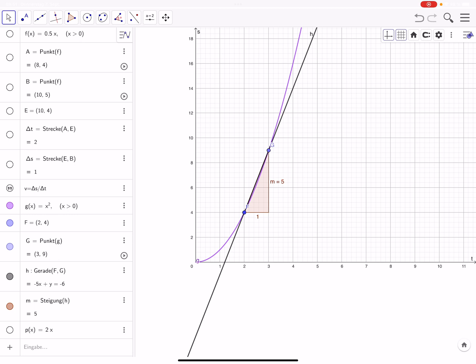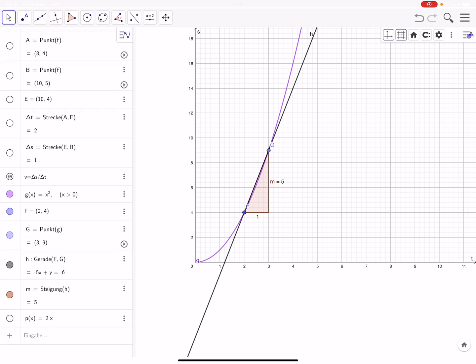Now, between the points F and G, so between 2 and 3 seconds, the slope is 5, and now that means that the average speed on this interval must be 5.